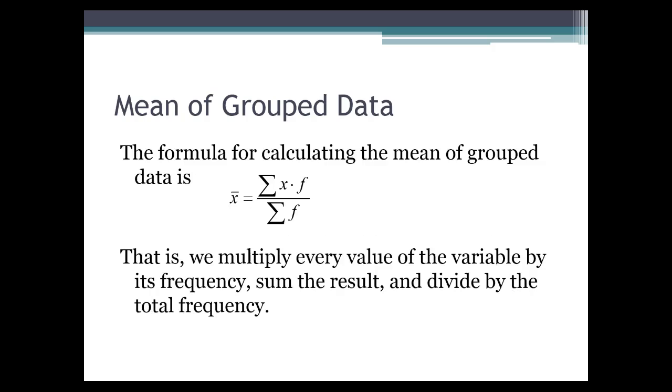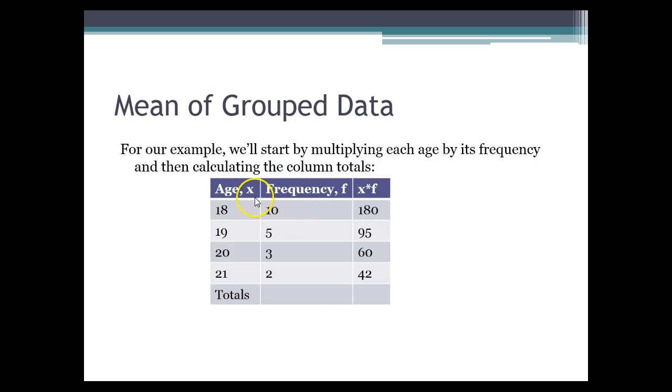So here's what we do. Here's the formula. You take every X, in our case that would be the ages, multiply by its frequency. You sum those up, and then you divide by the total frequency. So for our example, we're going to take every X, multiply it by its frequency, and we get these values here, and you can double check my math.